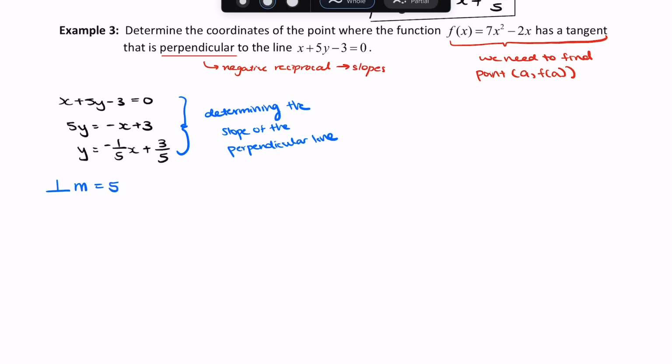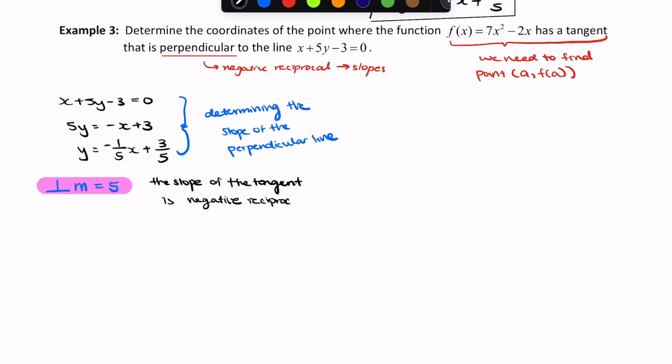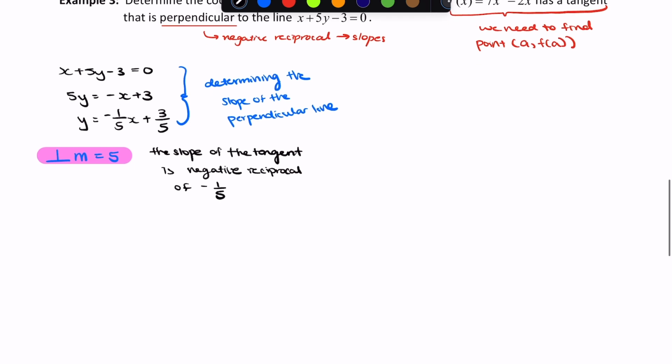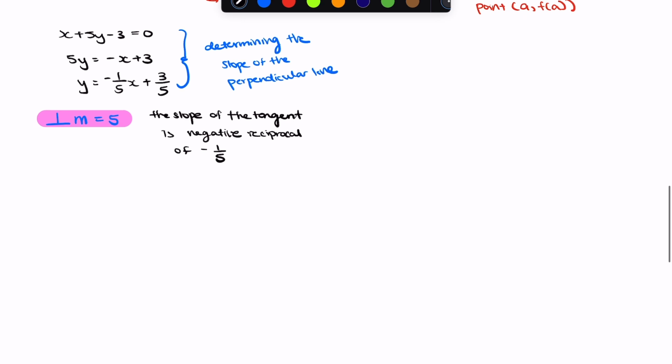So here you see that our slope is equal to 5, and this is because the slope of the tangent is the negative reciprocal of -1 over 5. Okay.